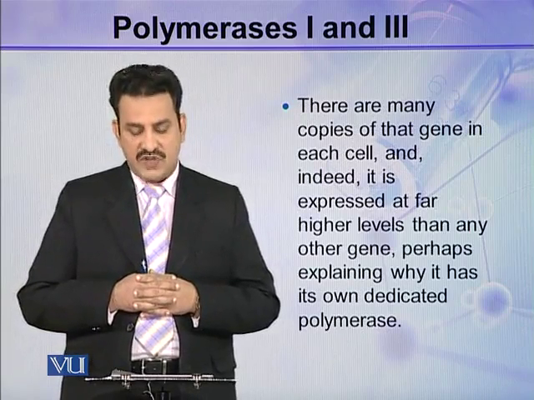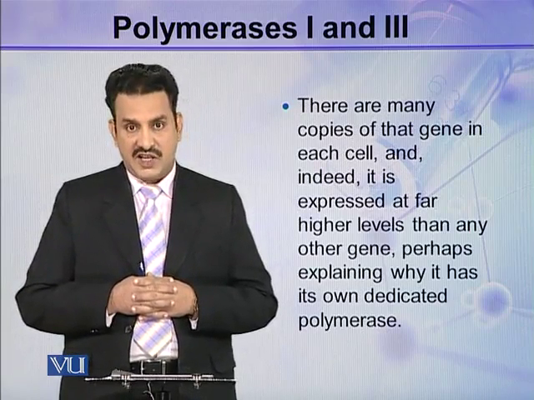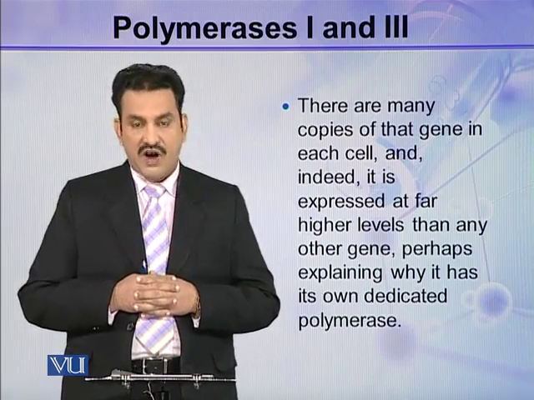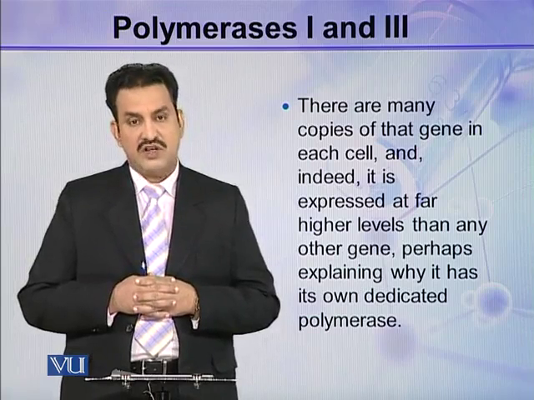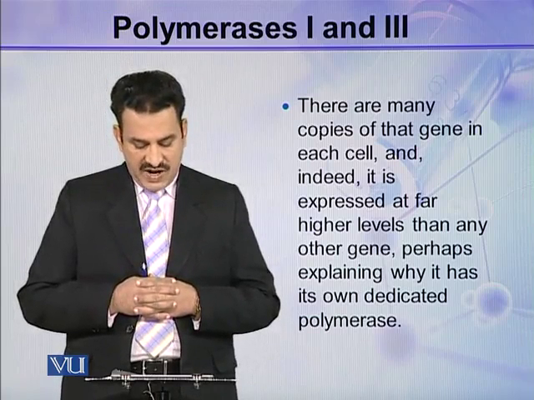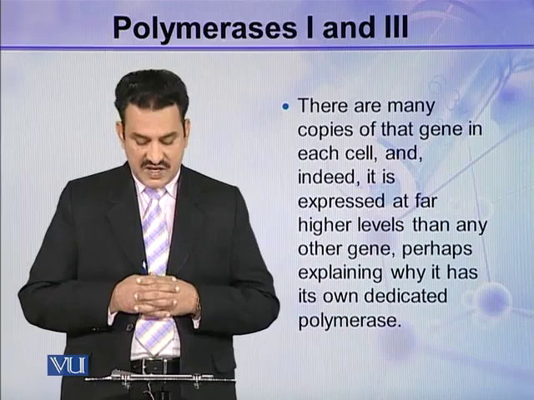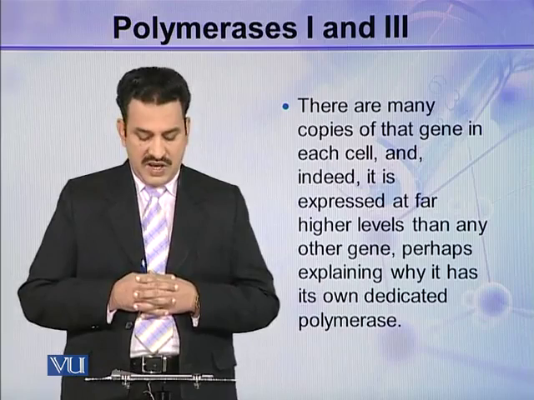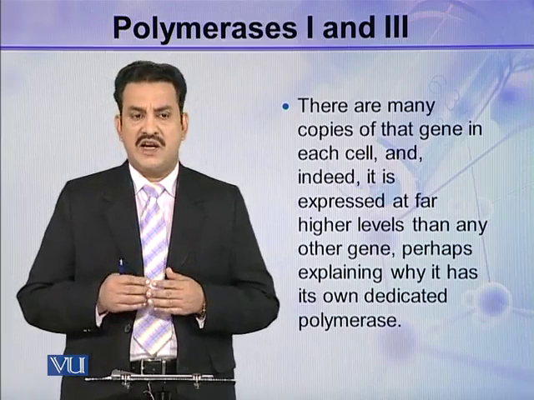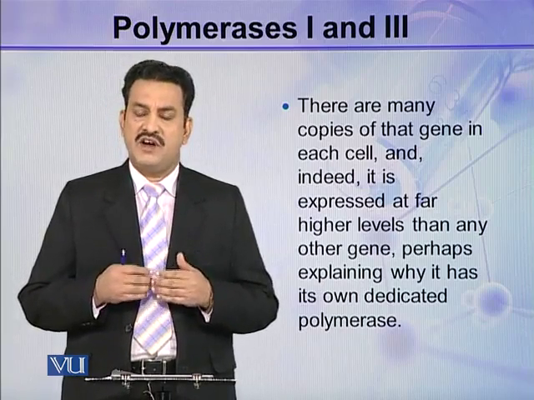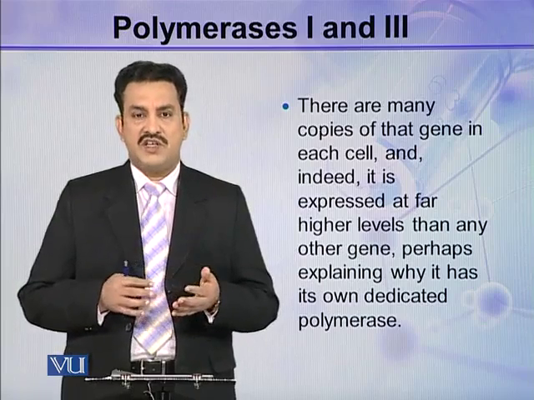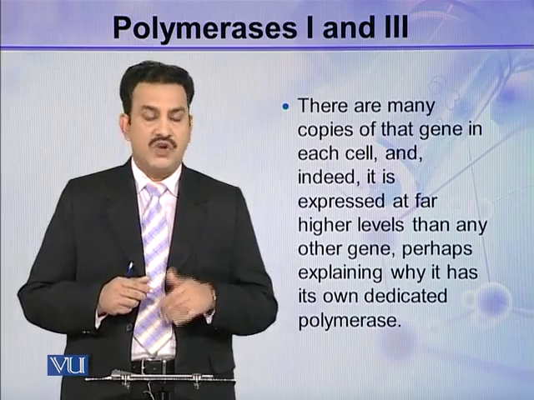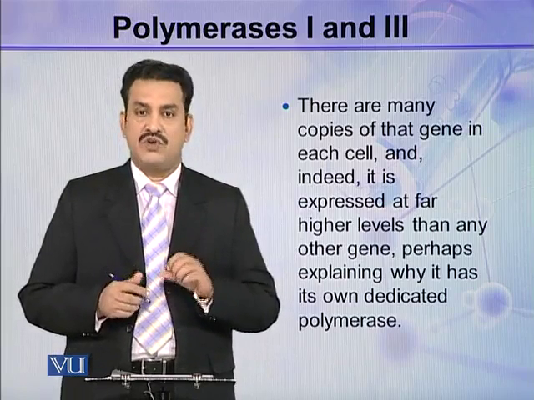There are many copies of that gene in each cell, and indeed it is expressed at far higher levels than any other gene, perhaps explaining why it has its own dedicated polymerase. So, as it has many copies and is expressed at a very high rate, it has its own dedicated polymerase that will only transcribe this particular gene.